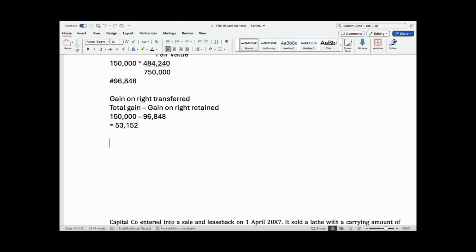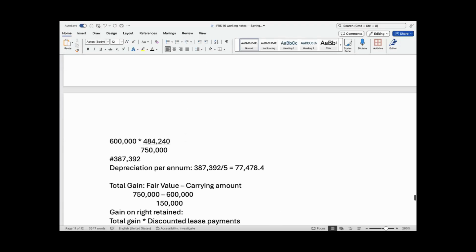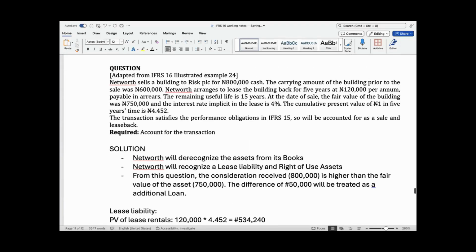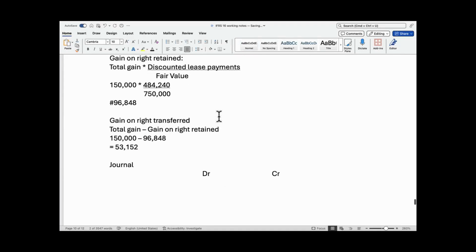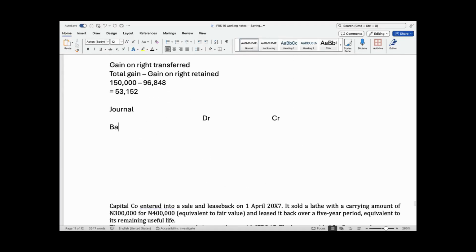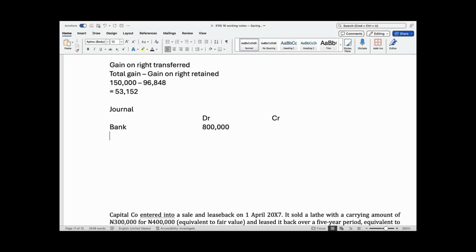If I want to put this transaction for you in a journal, first, you received 800,000. So money came in, 800,000. He sold the assets.